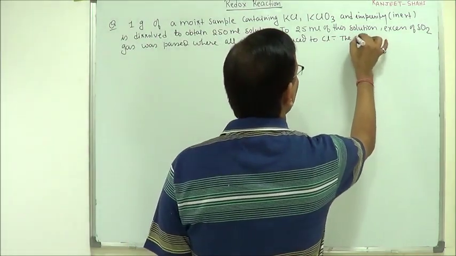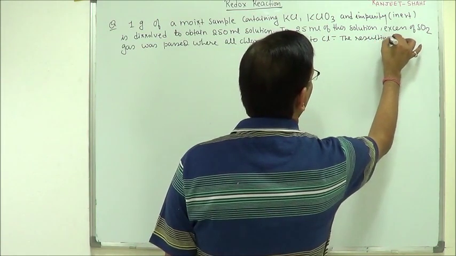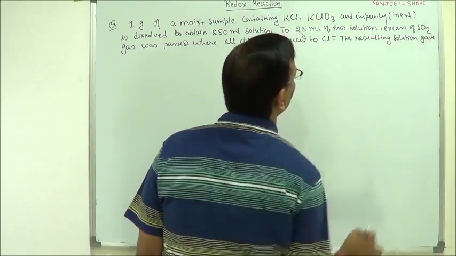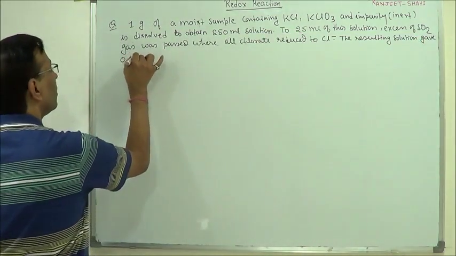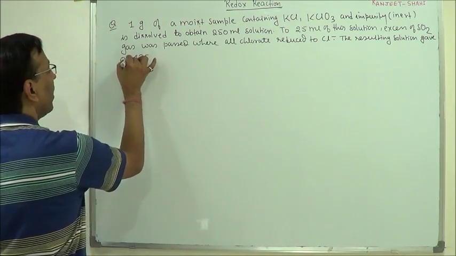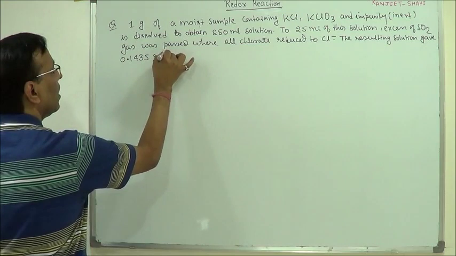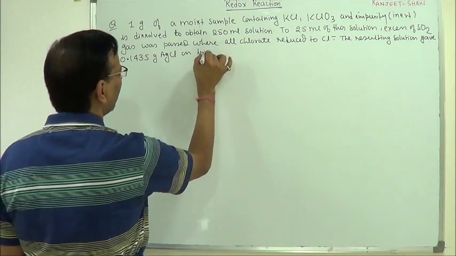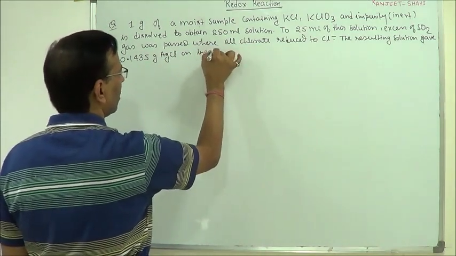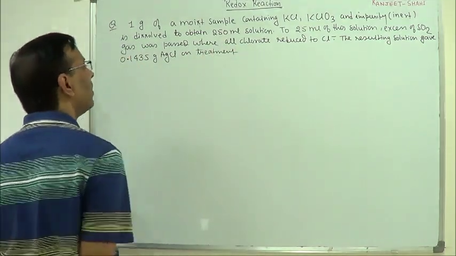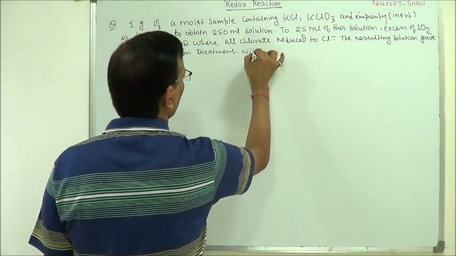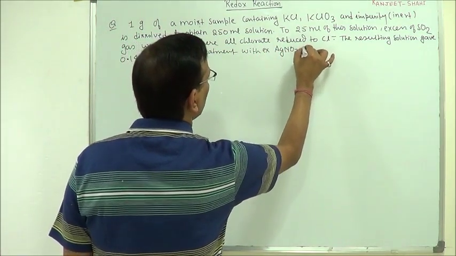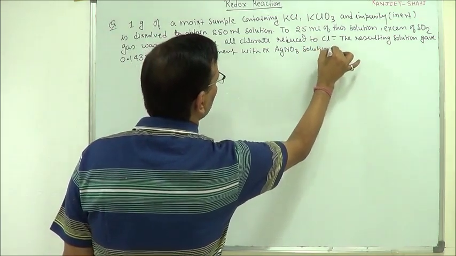The resulting solution gave 0.1435 gram AgCl on treatment with excess silver nitrate solution.